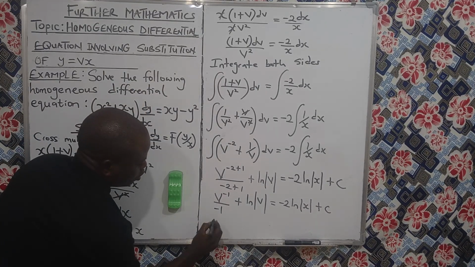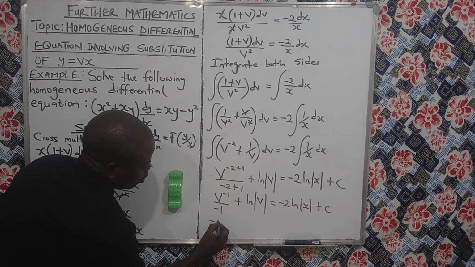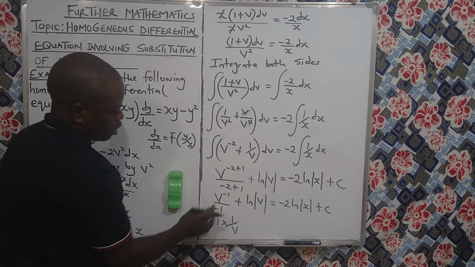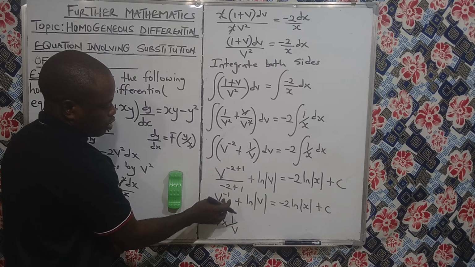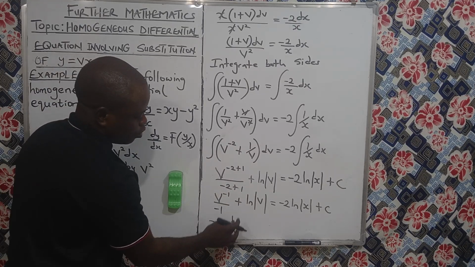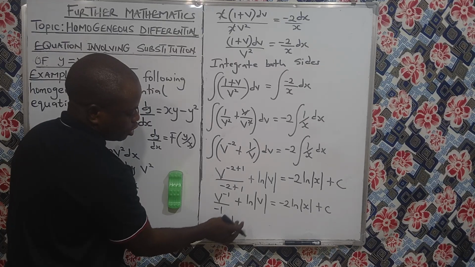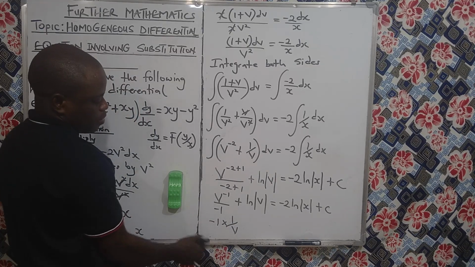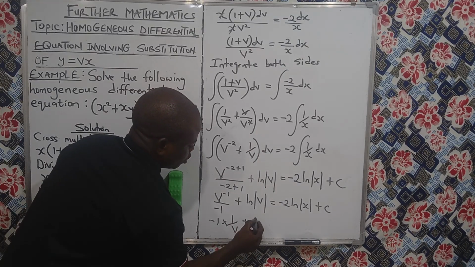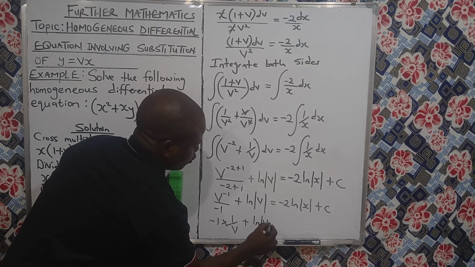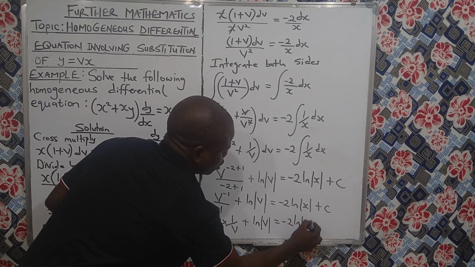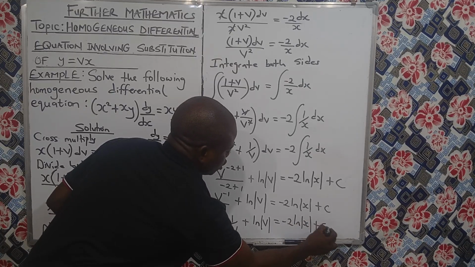This one will now be minus 1 times 1 over v. In indices, when you remove the negative 1, you introduce the reciprocal of v, plus ln v equals minus 2 ln x plus c.